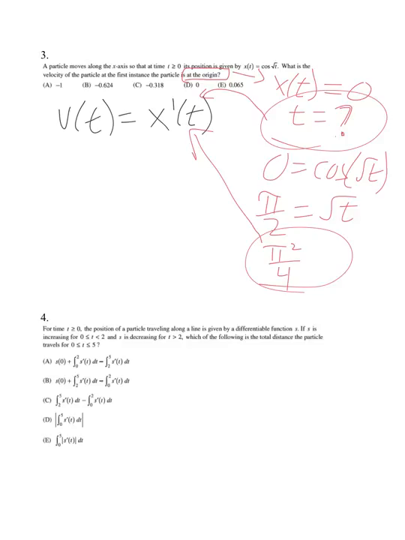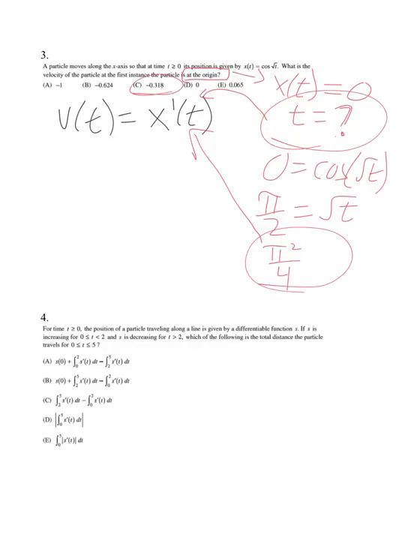Certainly you could take that derivative by hand using a little bit of chain rule, but because it is a calculator allowed question and you can see that your answers are mostly decimals here, that might turn into something a little bit ugly. So I would just take that derivative on my calculator at pi squared over 4 and get C, I believe, is the answer once you do that.